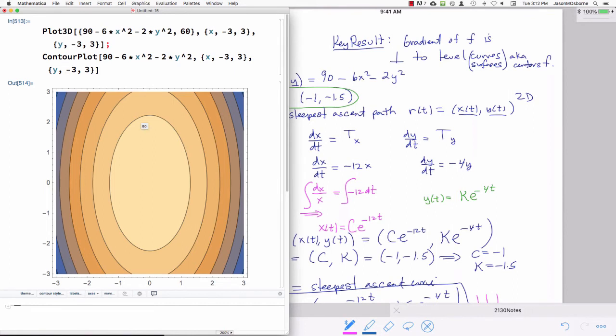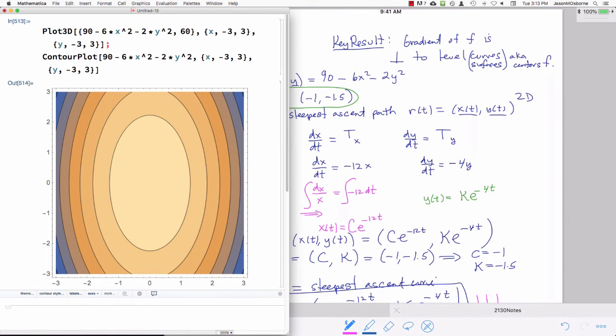If you hover over it, you can see that this is the 80 isotherm. So if you cut that surface at a z-plane of 80, all the points along this rim right here, that black oval, are at a temperature of 80. Everything along this bigger oval is at a temperature of 70, and so on. You can hover over and see what the temperatures are.